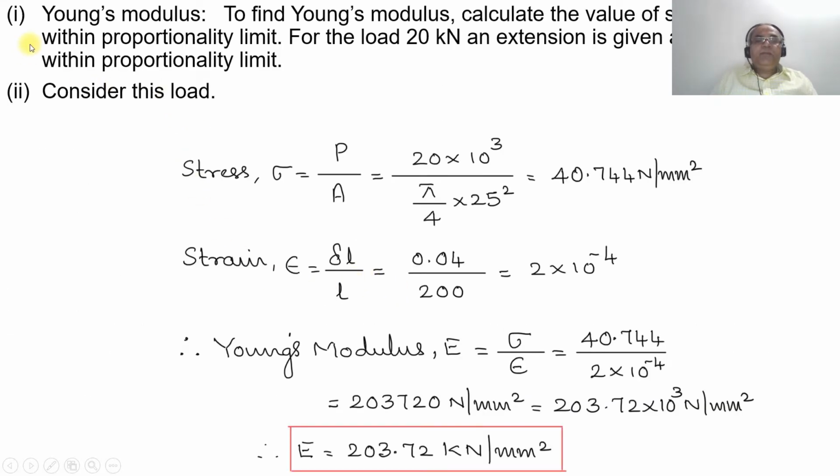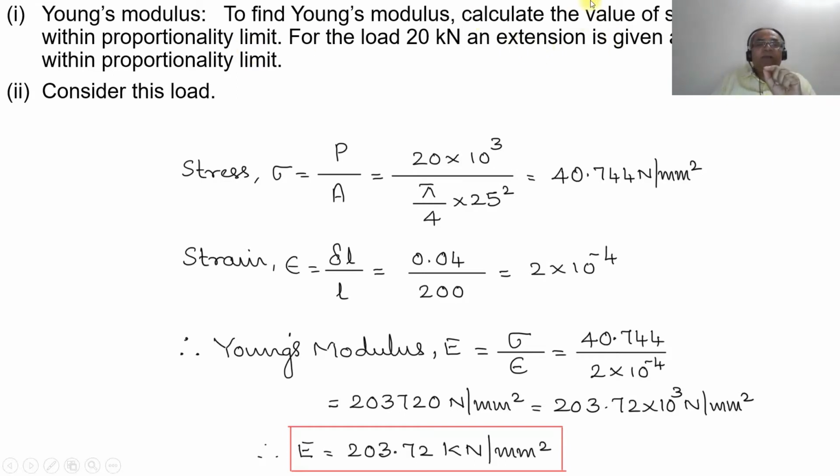Now, first one is we need to find out the Young's modulus. To find the Young's modulus, calculate the value of stress and strain within the proportionality limit. Why this? Because according to Hooke's law, the stress is directly proportional to the strain within the elastic limit.